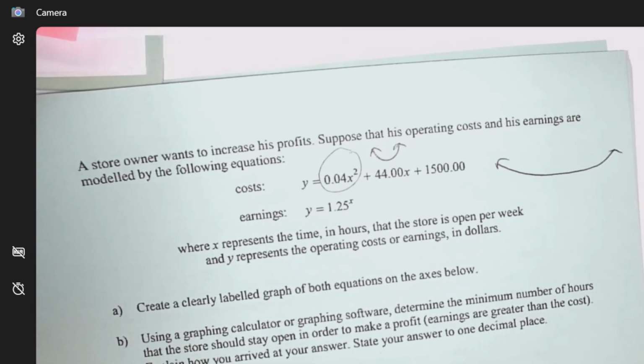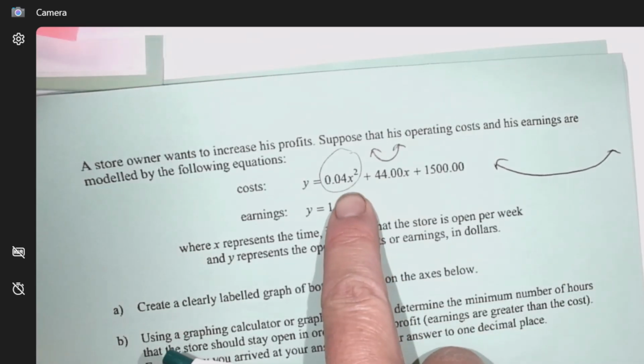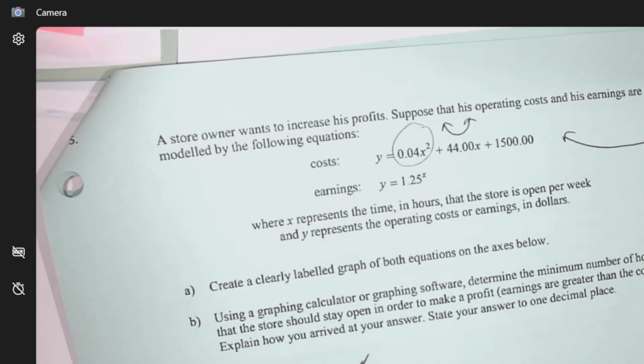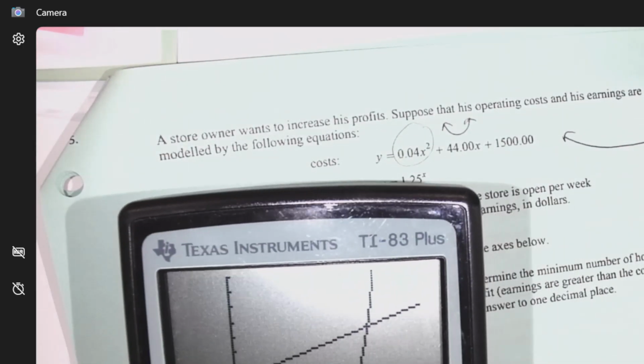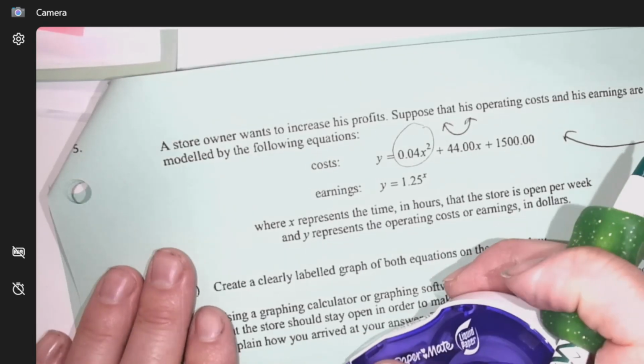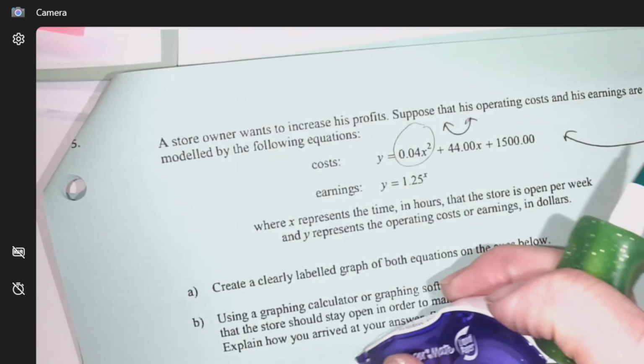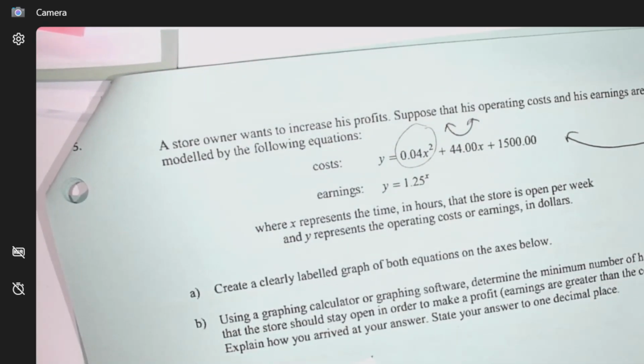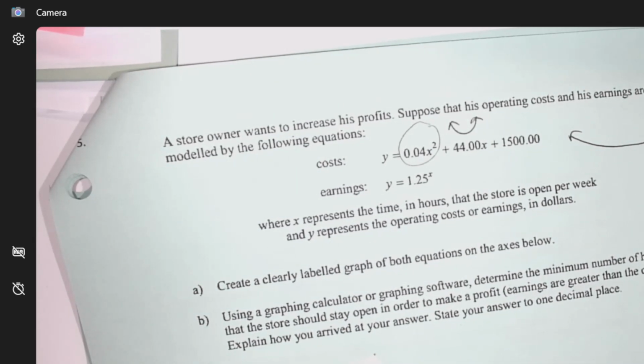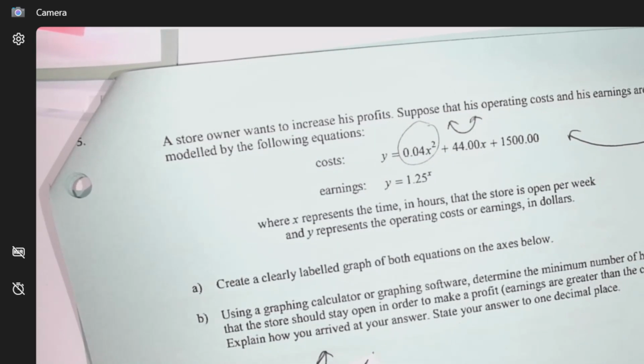Does that make sense? This is a parabola. It's just that it's so flat. It almost looks like a line on ours, but it technically would be a parabola. And then this one would be like it shoots up. And then we crisscross each other, right?